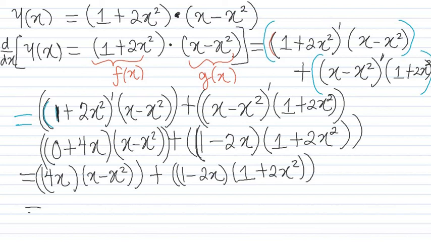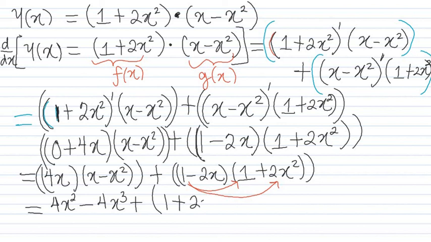So that would be 4x squared minus 4x cubed plus 1 times 1 is 1 plus 2x squared.